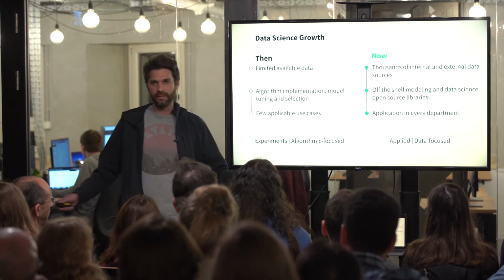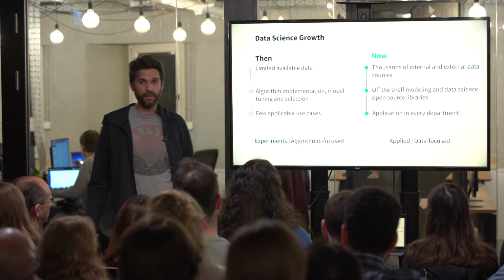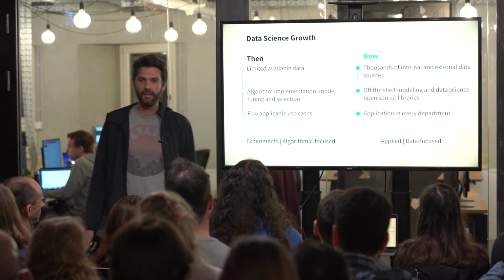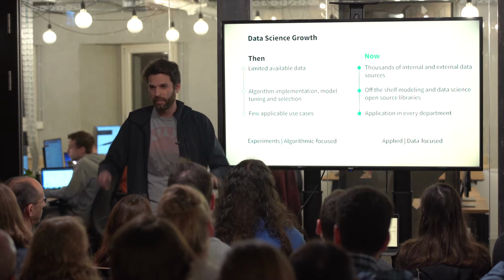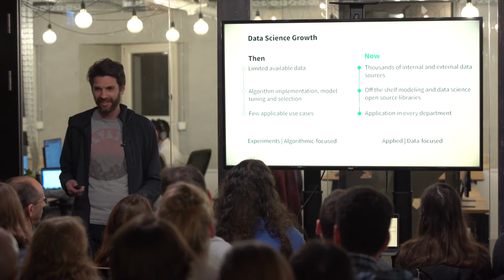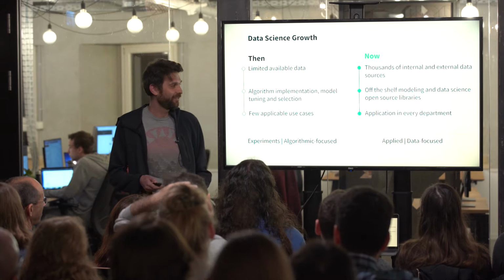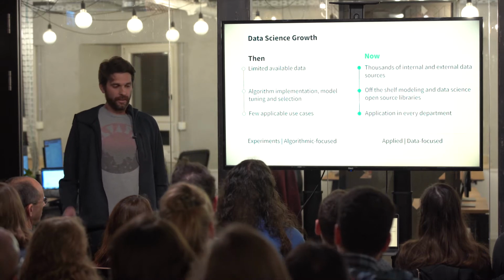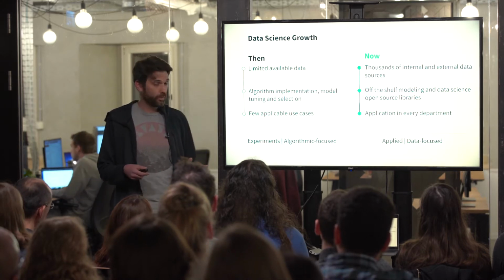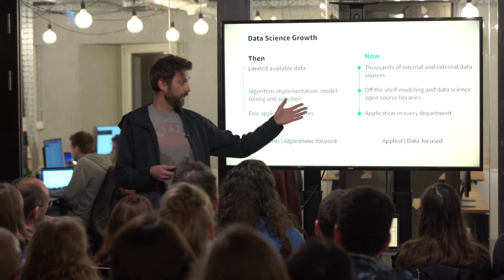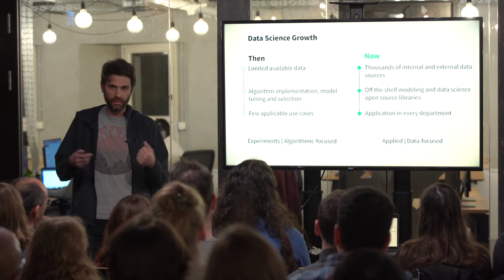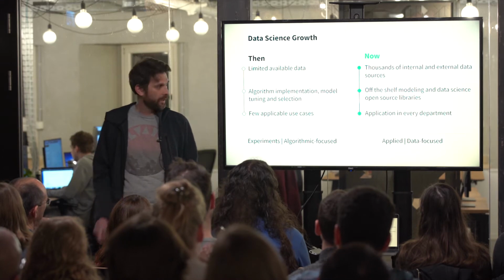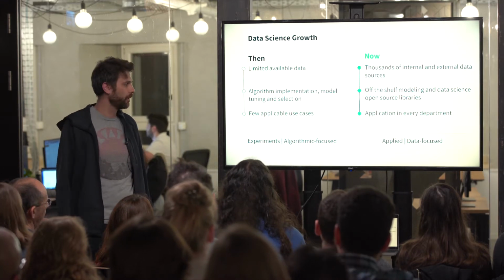Today we have more data than we can swallow, and the models keep on coming. The great thing about this ecosystem is that it's based on open source, so we keep getting new toys literally every couple of weeks. The focus shifted to using the right tools with the right data and understanding how to get the right things for the right problem. That's exactly what we are focused on.